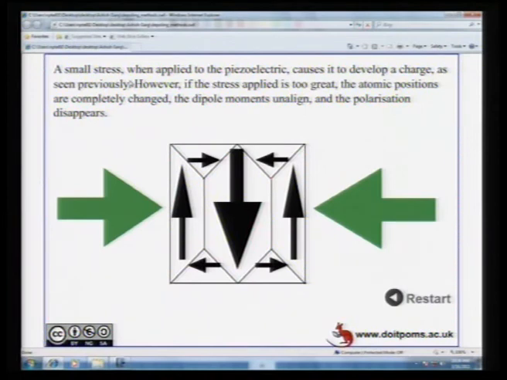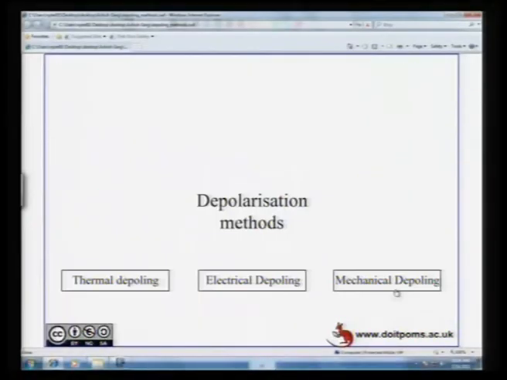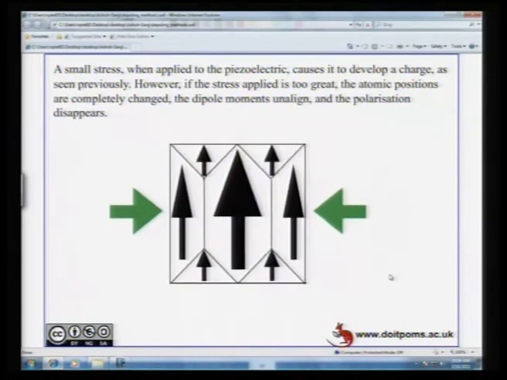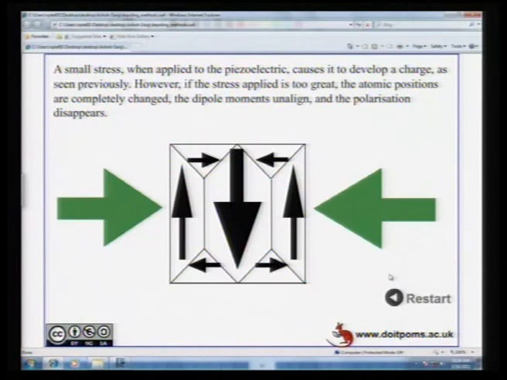They do not remain in those positions at all. As a result, the dipole moments completely unalign, and hence the polarization disappears. If you restart it again, just watch this here. When the stress magnitude has become very high, then the dipole moments do not remain as they were in the case of small stresses.